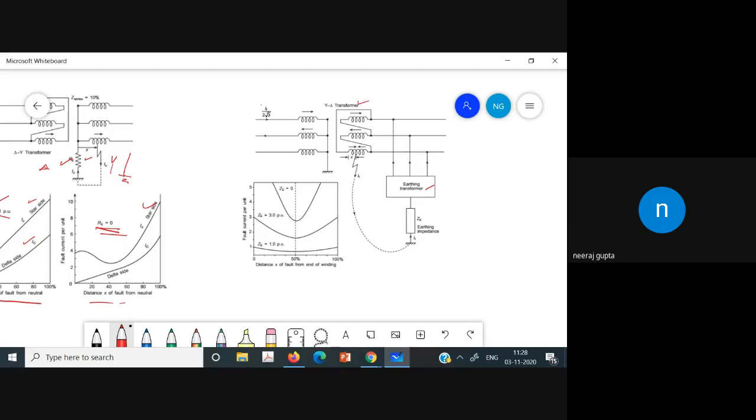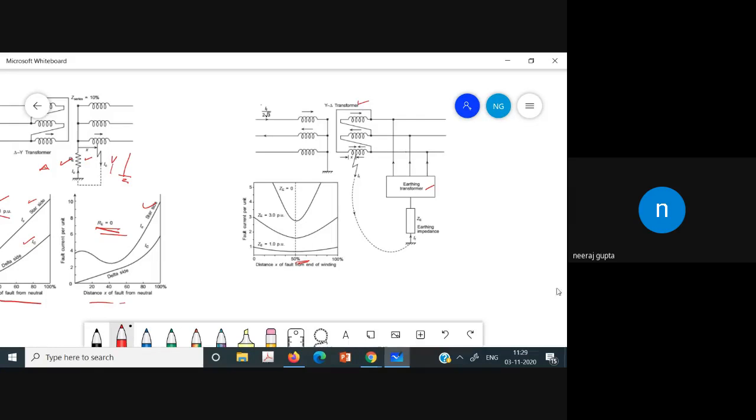In this case, the minimum voltage on the delta side is at the center of the phase, that is 50% of the normal phase voltage. If the voltage is minimum, then the fault current is also less in that case. However, the range of the values of the fault current is less than that for a star connected winding. This is an observation that has been made by certain researchers.